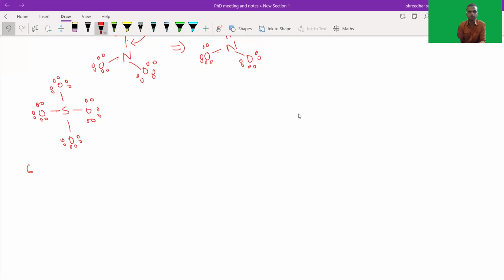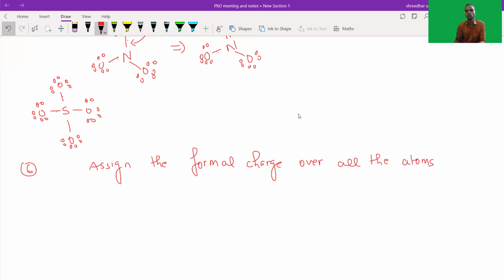So what is the next step? The sixth step is to assign the formal charge over all the atoms present in the species.